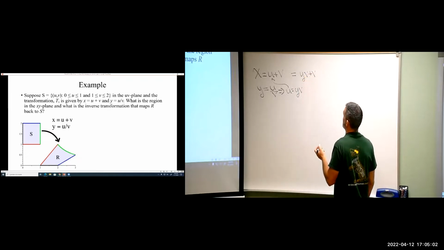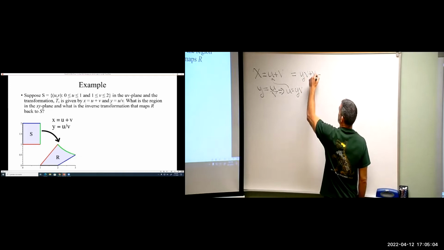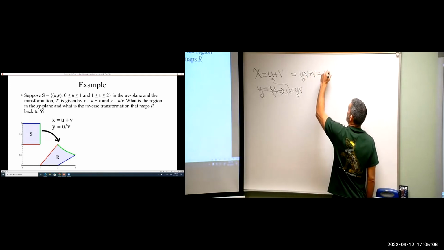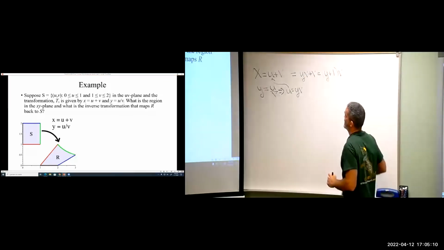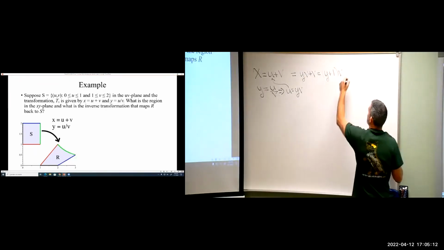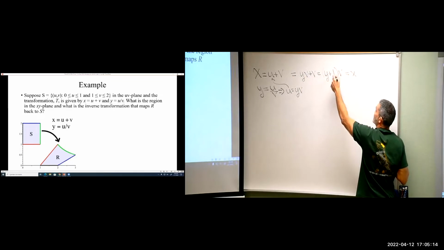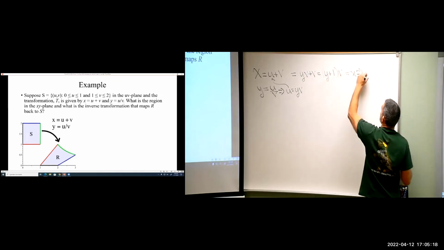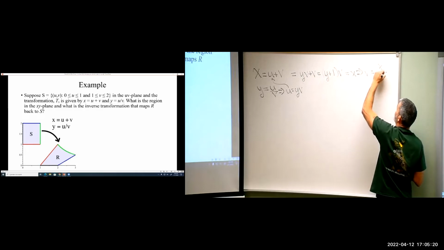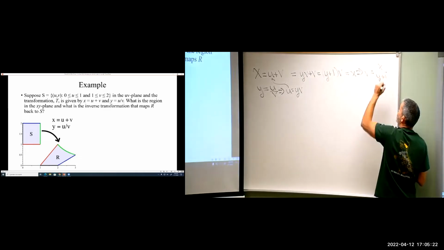That is something I can factor the v out of, right? So y plus 1 times v. And remember, it was originally equal to x. So that's going to give me, dividing both sides by y plus 1, v equals x over y plus 1.